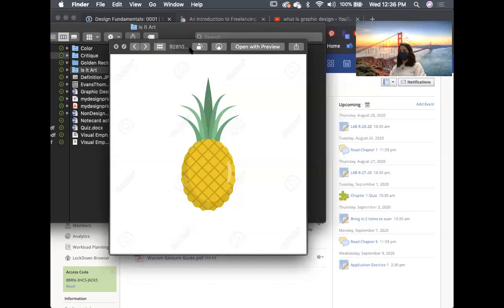Now we saw the stock image of the pineapple with a white background. Here's kind of the same thing, only it's what we would call vectorized, created in Illustrator, and it's still art. If you're wondering about these icons around the photo, anyone know what this is for?